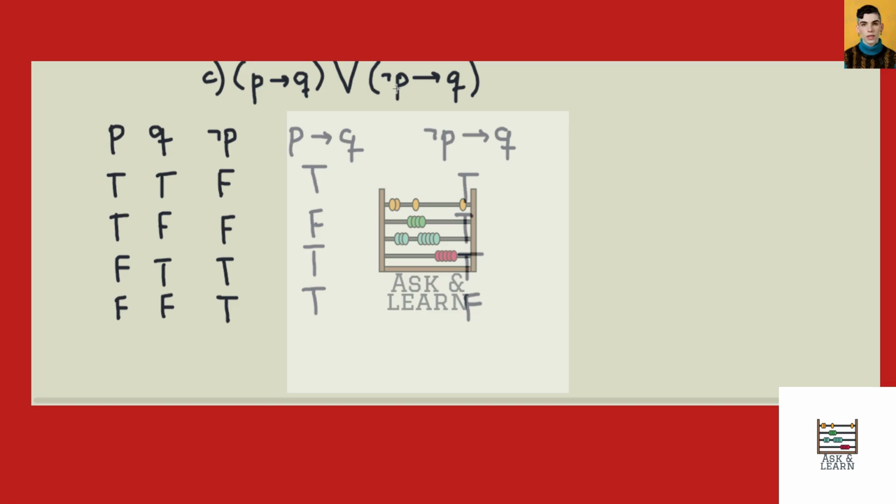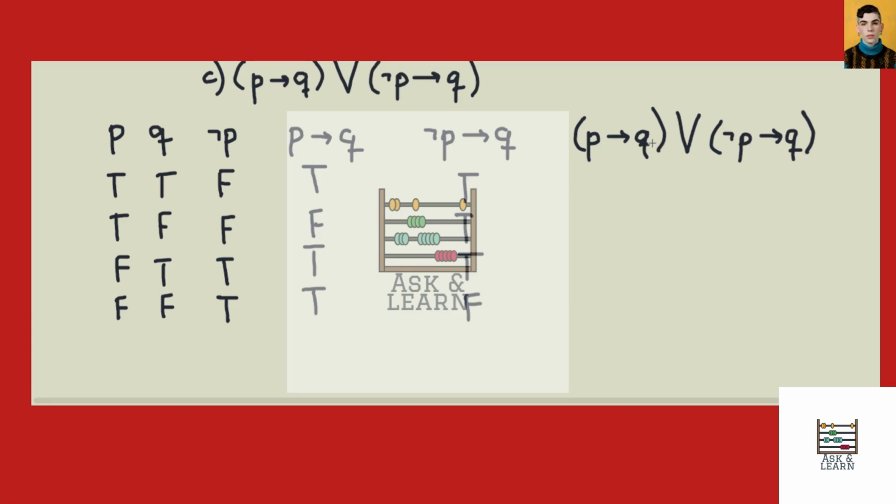Now we write down the complete compound proposition. So it's P, conditional statement Q, inclusive or, negation of P, conditional statement Q. So we know that for the inclusive or, each proposition can be true.